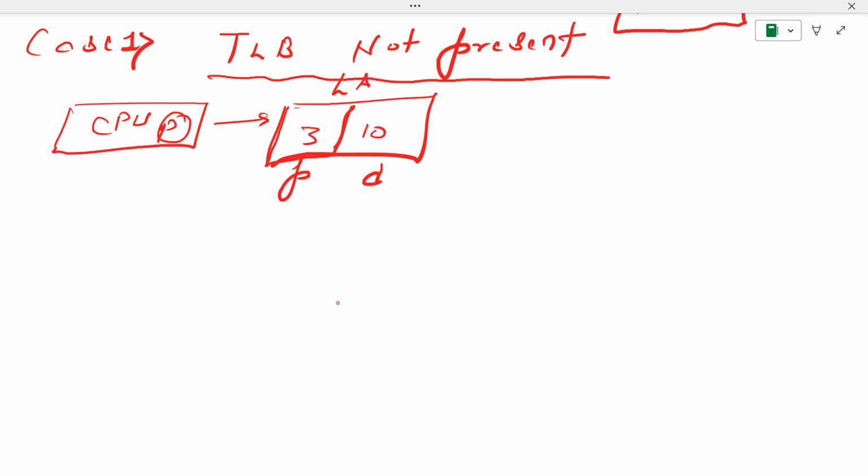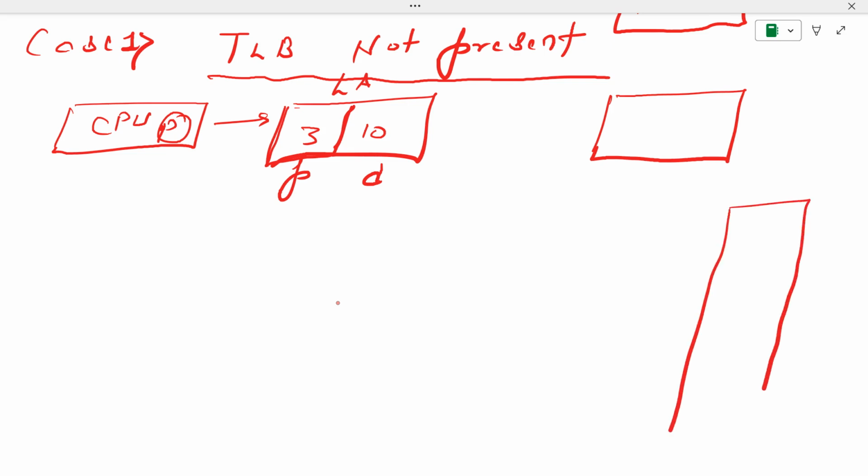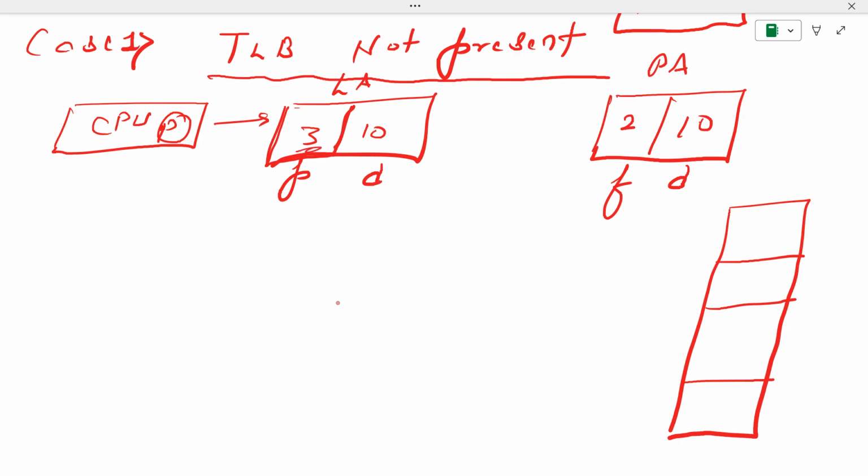Now let's say it has generated this, and in the main memory we have stored the pages in different frames. So we need the frame number and the page offset, the physical address. Now this page has to be mapped with a frame, so definitely we need a translation table.